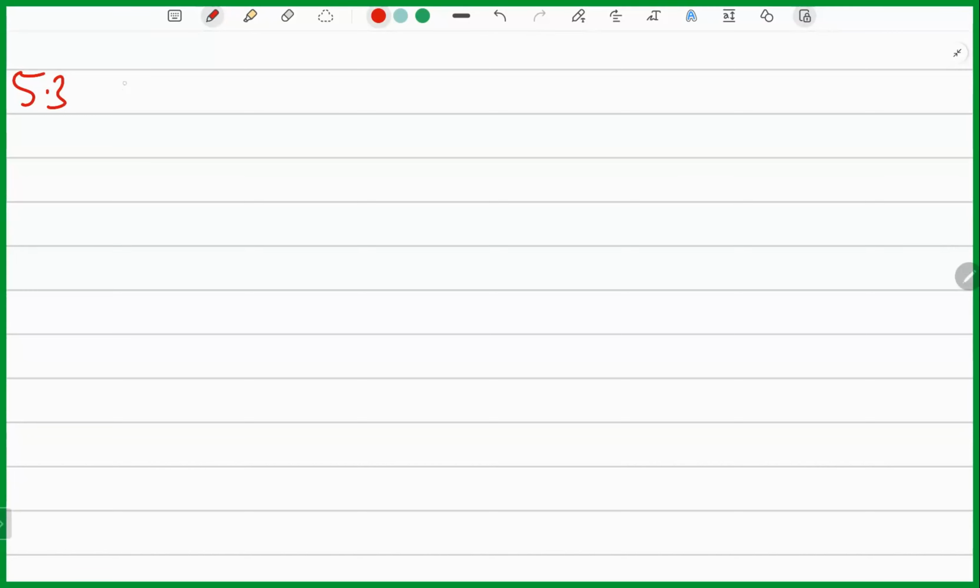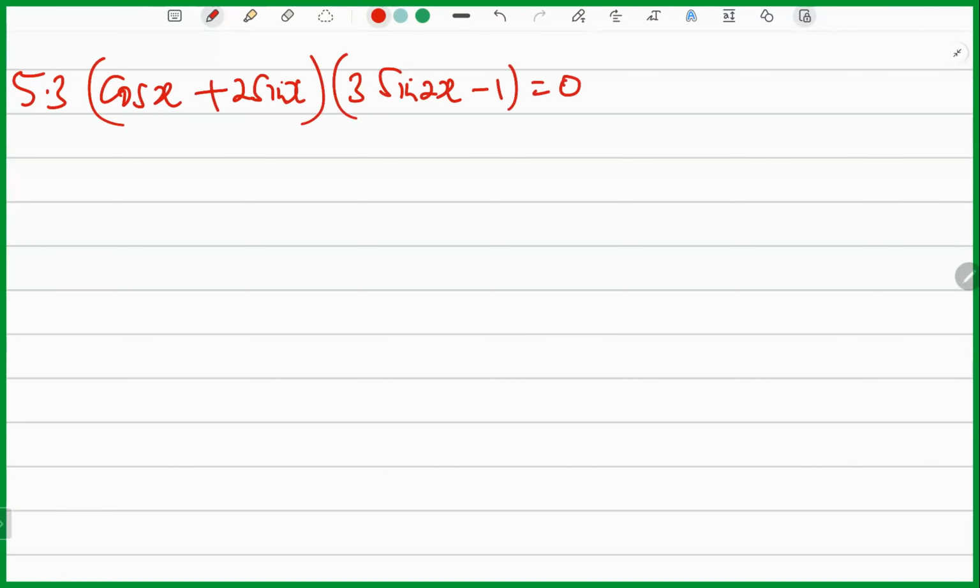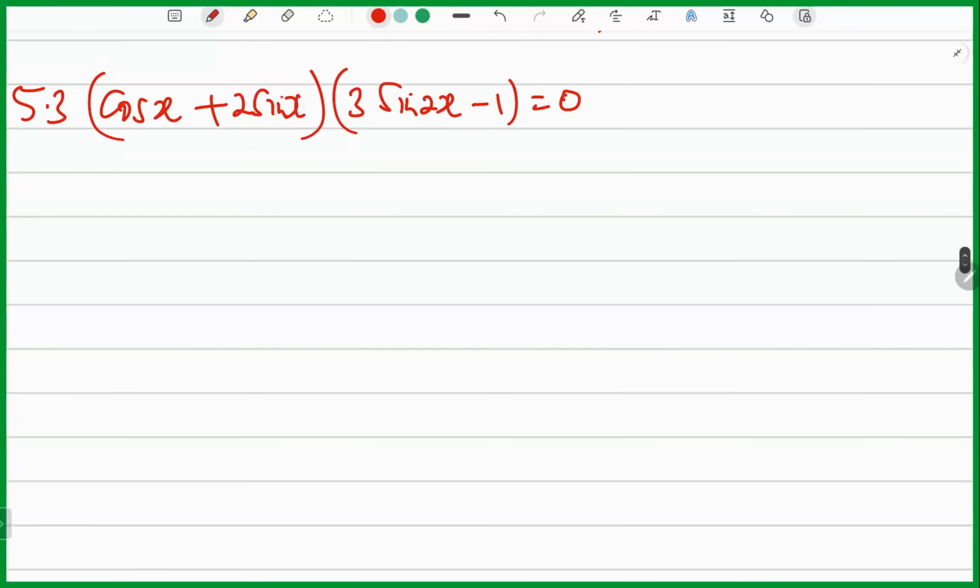Okay, so now you have (cos x + 2 sin x)(3 sin 2x - 1) = 0. This one is easy because it's already been factorized and we just have to solve it.